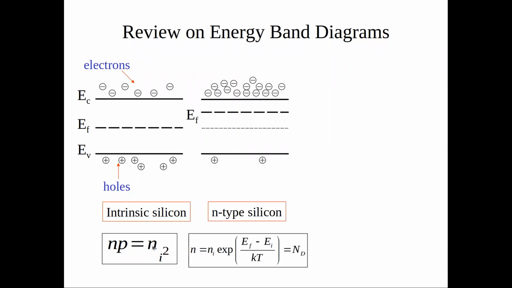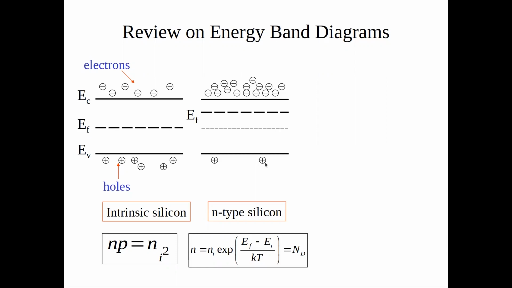Now, if you have N-type silicon, you basically increase the number of free electrons, the mobile charges, and so you increase the concentration of donors. So you have this formula that tells you, if you have an N-type silicon, what is the concentration of majority carriers, which are the electrons. It's a number that is given by the physics of the device, how many donors you actually injected into it.